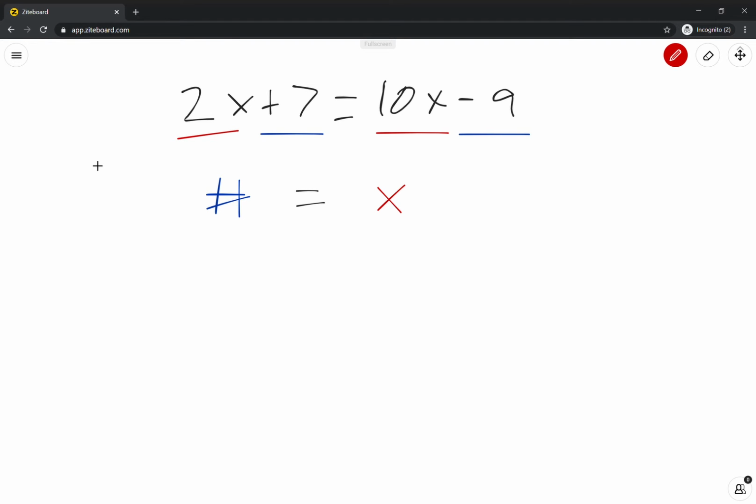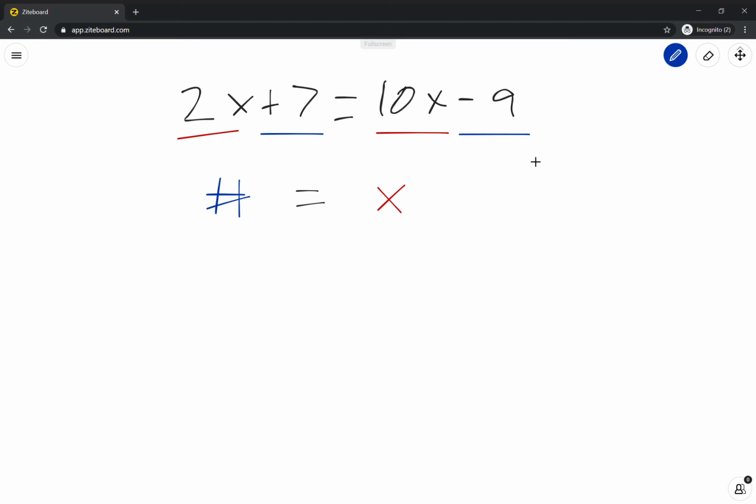Now the easiest way to change this is to either add or subtract to eliminate the value. And here's exactly what I mean. Let's just pick arbitrarily which side we want to take the x's onto. Since I put this right here, let's just move them to the right. It does not matter.